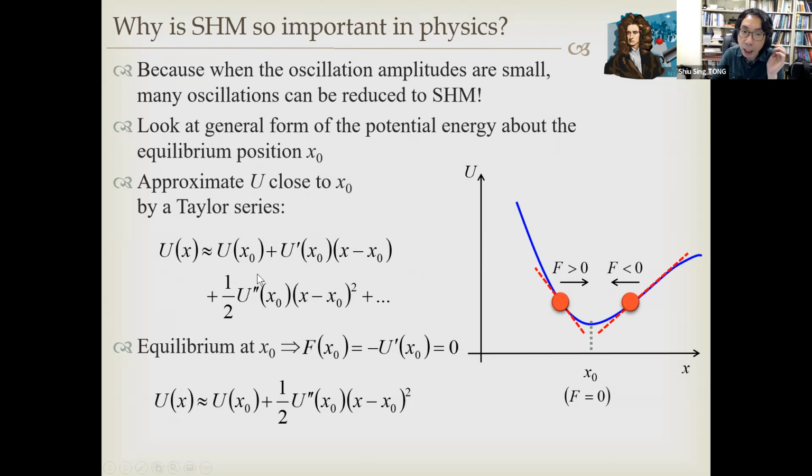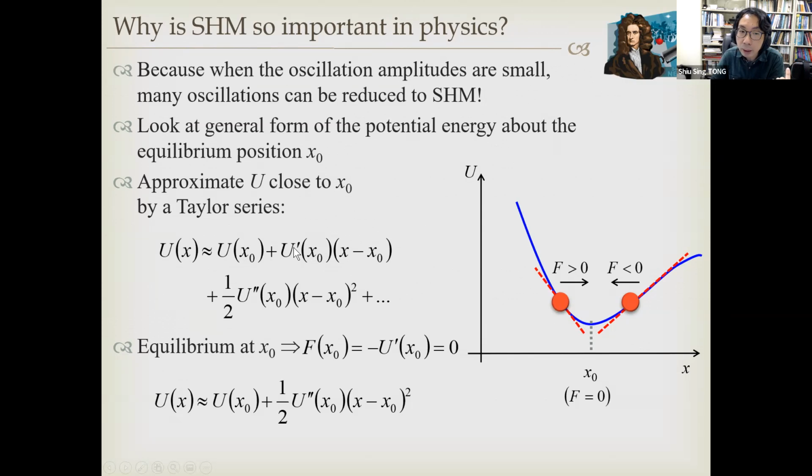Now we will first rely on the Taylor series to find an approximate expression for the potential energy function U about the equilibrium position. If you remember, in our mathematical supplement, we can expand any function U, as long as it is a smooth function, about a fixed point x0 by using the Taylor series. The first term is the function value at the fixed point, which is now our equilibrium position x0.